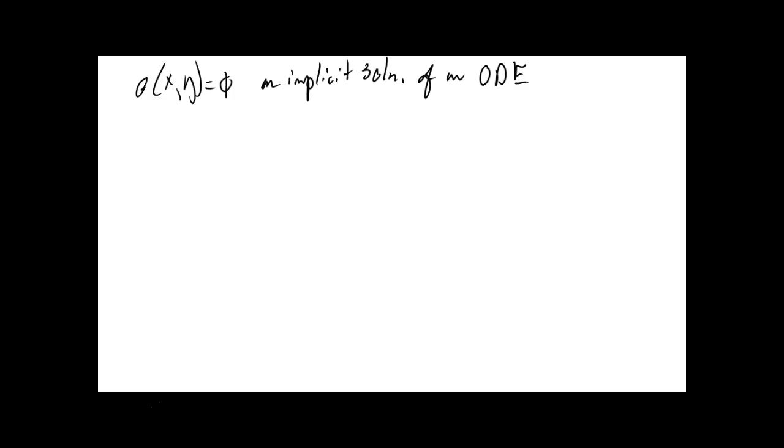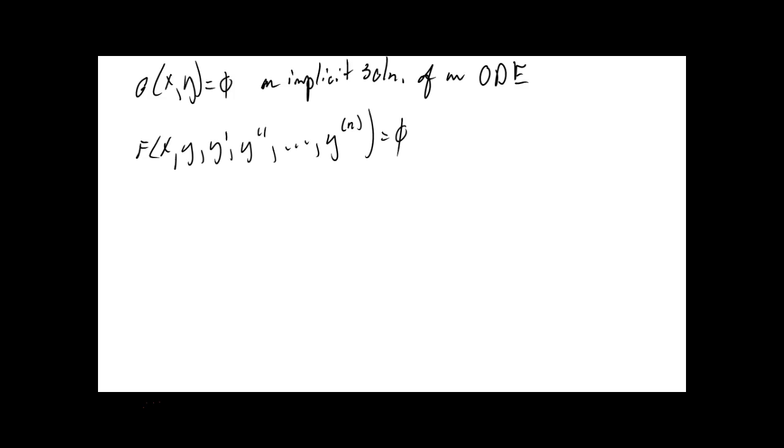That would be something like some function of x, y, y prime, y double prime, dot, dot, dot, up to y to the nth, that's the nth derivative of y. That function equal to 0, if you moved everything to one side.